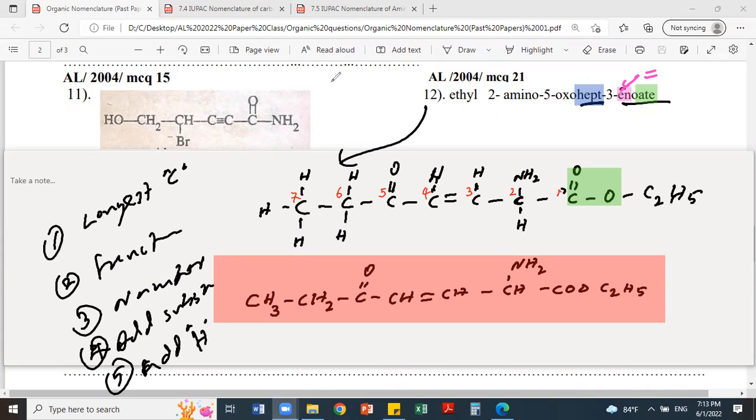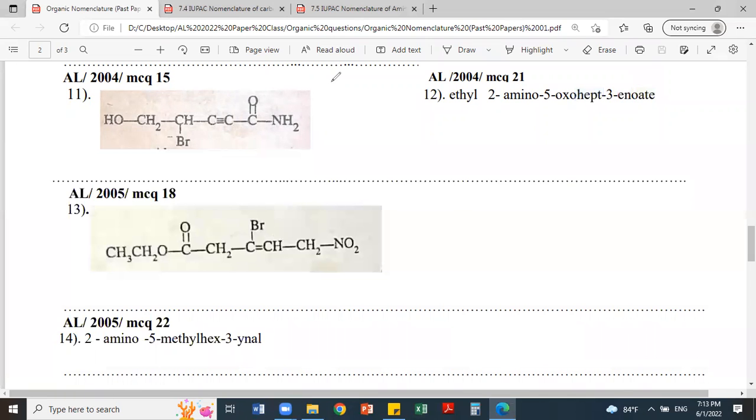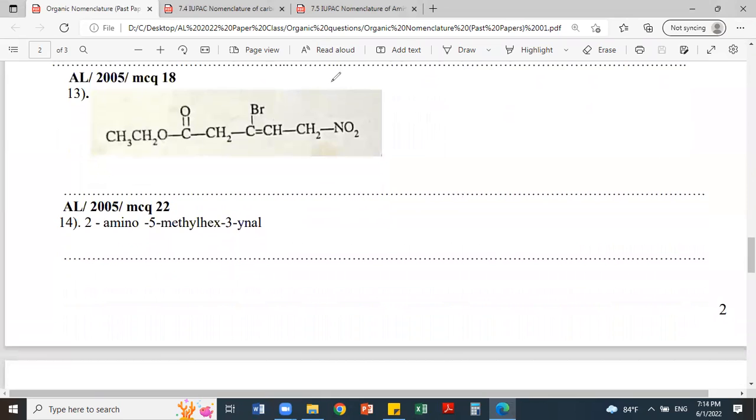Yes. Okay, then I'll erase this. But in most of the papers, they give the structure and ask you to write the name. Can you do it alone? This one, the 13th one? Yes.